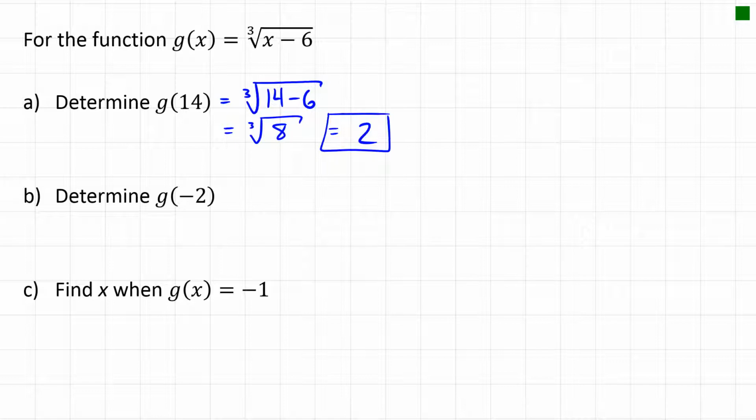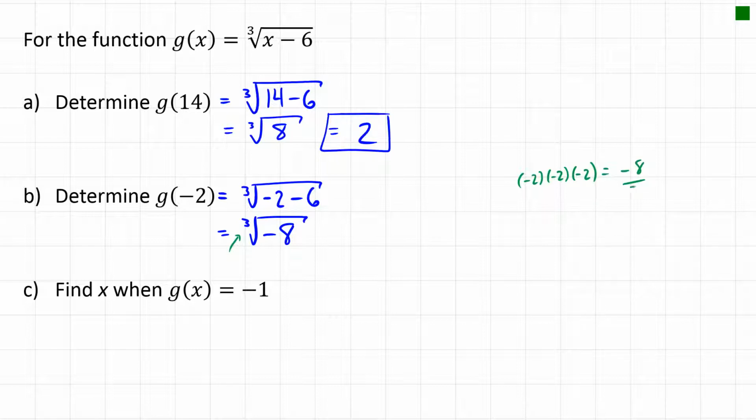If x equals -2, let's go ahead and substitute -2 in there. So we have -2 minus 6, and now we have the cubed root of -8. In the previous question, we saw that negative and our alarm bells went off, but in this question, we actually have to recognize that we can take the cubed root of a negative number, because as you'll recall, -2 times -2 times -2 is equal to -8.